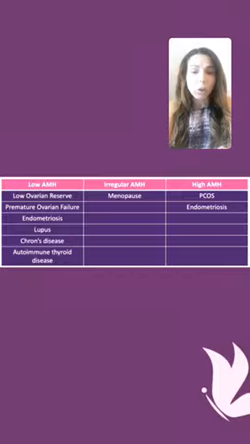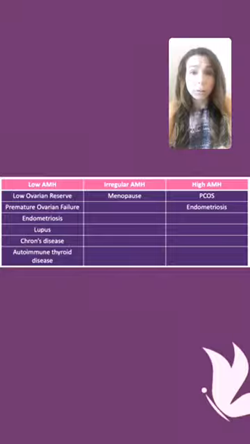And AMH also reliably predicts IVF response. So if you're going through IVF, high values are also associated with a high number of eggs retrieved, but also with a high risk of OHSS. So that's why a lot of women who have PCOS and have high AMH values are also at high risk of OHSS.